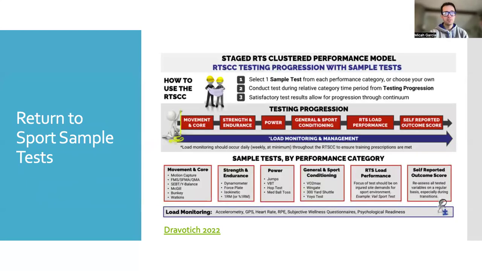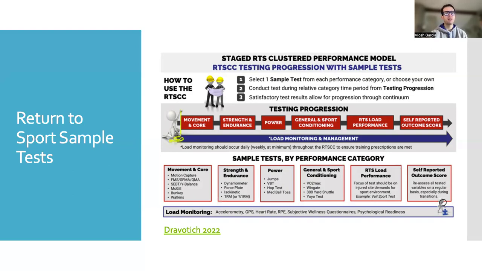There are a bunch of different return to sport sample tests that can be incorporated. Each one assessing a different category. So there's some that are used to analyze just overall movement and core function. This can be using motion capture. It can be using a Y balance test. And then there's also these McGill, Bunkley, and Watkins testings. You can also use different tests to assess muscle strength and endurance.